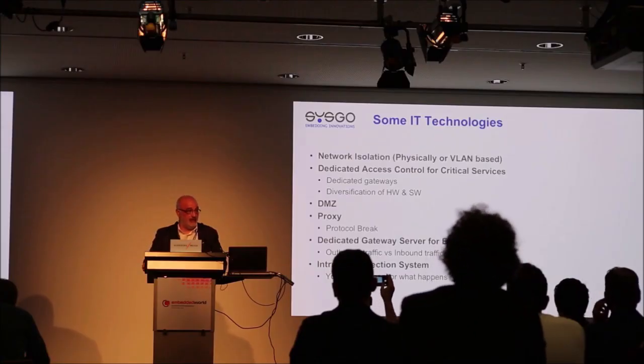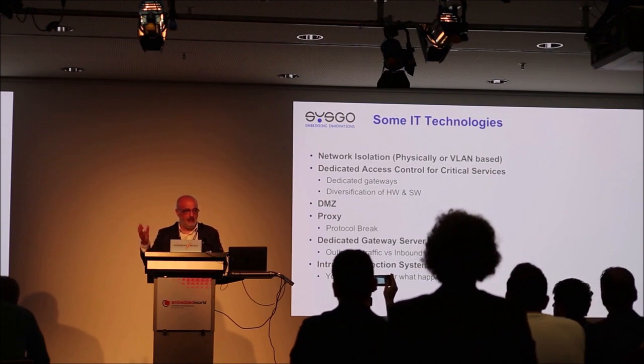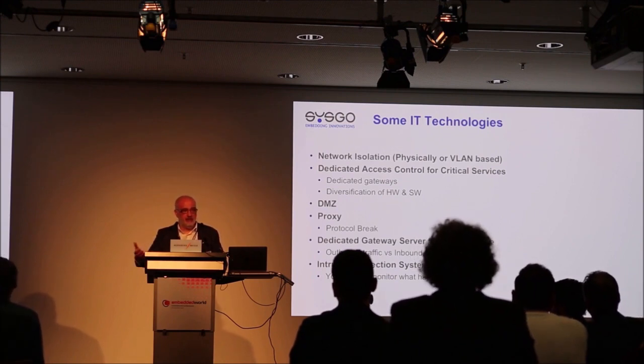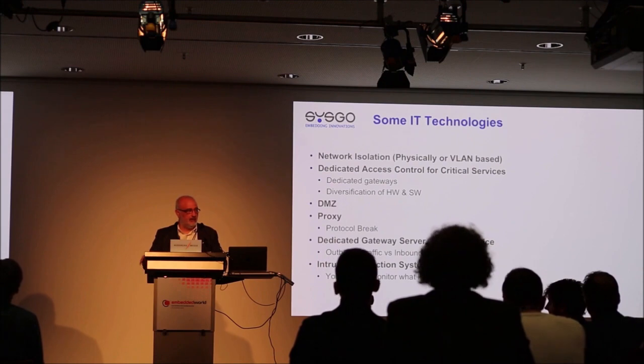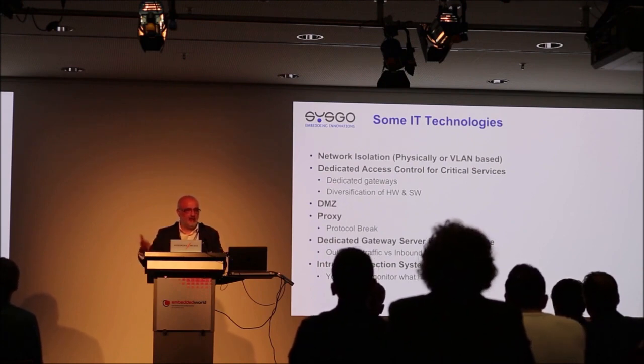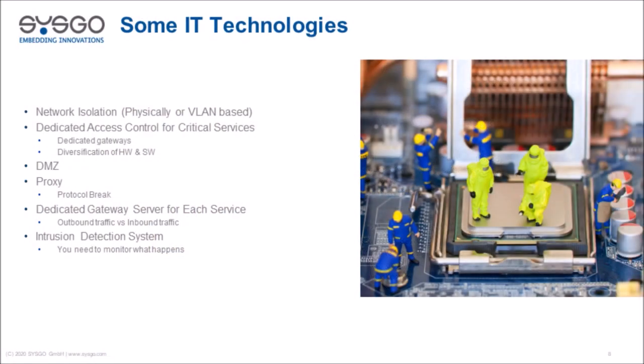Dedicated access control: you want a gateway used for incoming traffic, and another one used for outgoing. Don't mix things all together. DMZ, proxy, which has the advantage of breaking a protocol. So if you're exploiting something inside a protocol, a proxy will help you. And dedicated gateways, eventually with different software versions running on them.